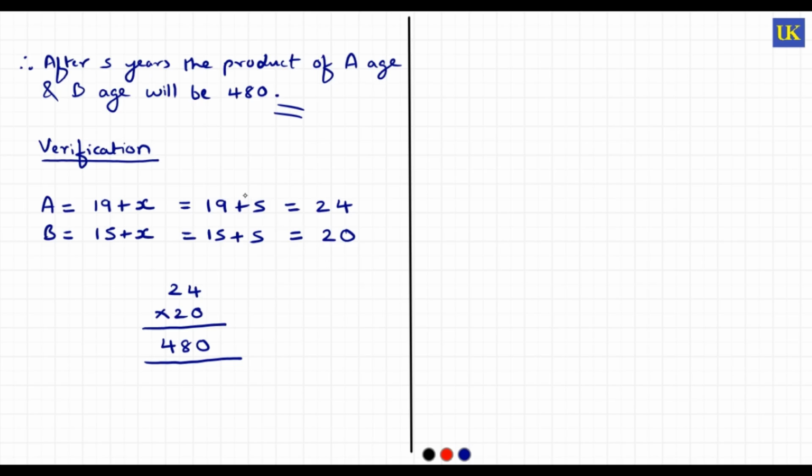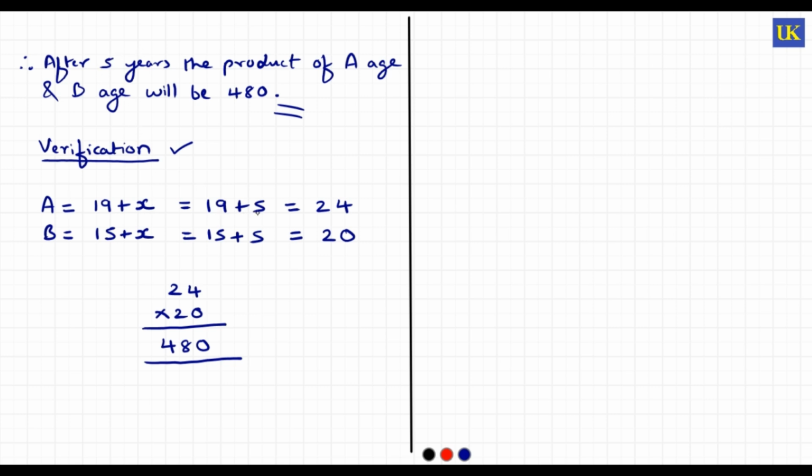So guys, we will verify it also, and we will also understand it. For understanding it will become better, and we'll see whether our answer is correct. A's age, what we took, was 19 plus x, right? And B's age we took 15 plus x. X value we got as 5.